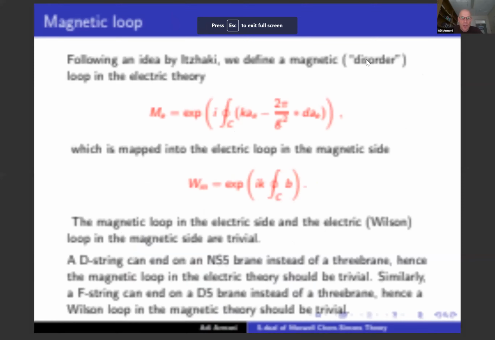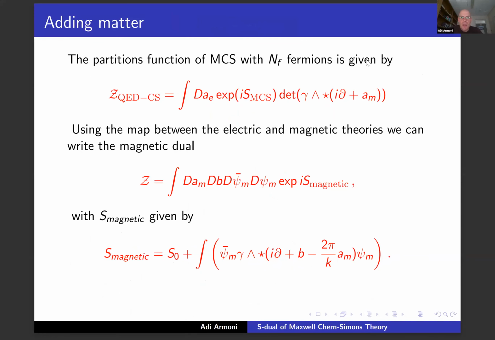Right, I don't have much time, but I think that I'm almost done. So a few comments about generalizations. Suppose that instead of discussing just Maxwell-Chern-Simons, I want to discuss QED-Chern-Simons. So to add the quarks and let them interact with a gauge field.